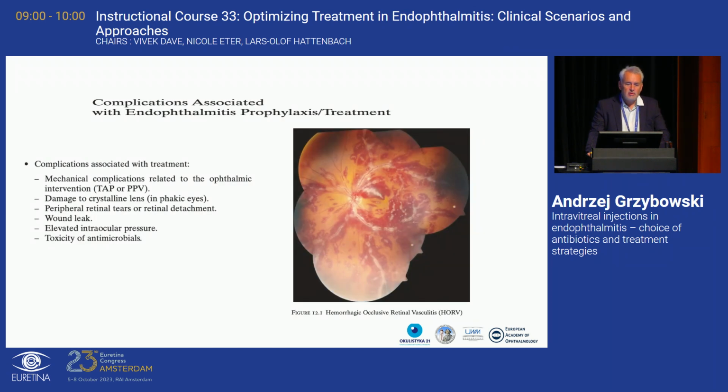We should also be aware of some possible complications associated with intravitreal injections. They include, of course, mechanical complications, like damage to the crystalline lens in phakic eyes, peripheral retinal tears or retinal detachment, wound leak, elevated intraocular pressure, and finally, toxicity of antimicrobials.